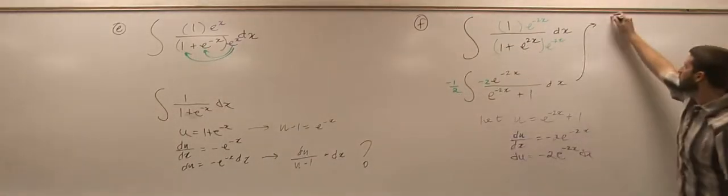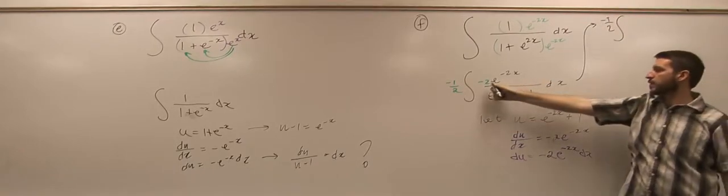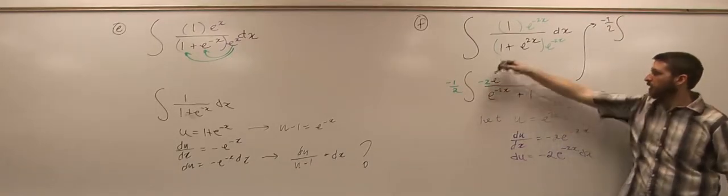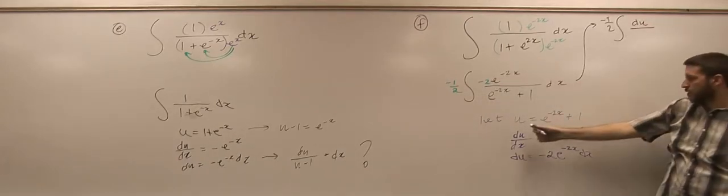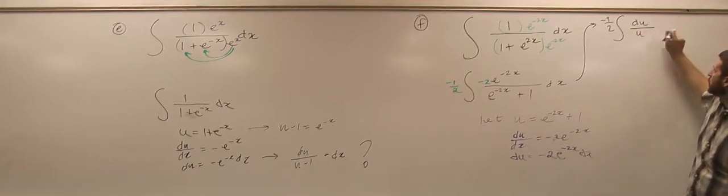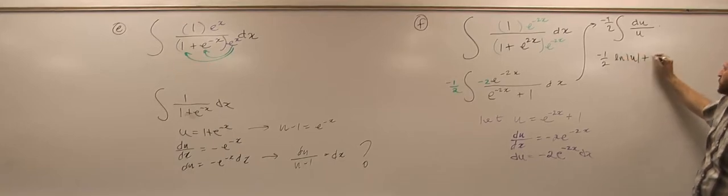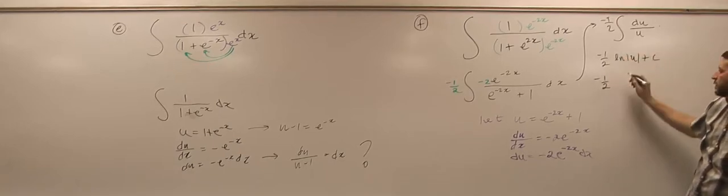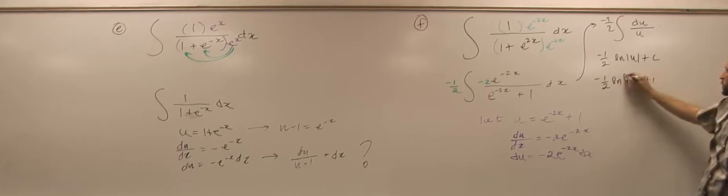So this becomes negative 1/2 times the integral of du over u, right? All of this on top is du. So this will be negative 1/2 ln absolute value u plus c, negative 1/2 ln of e to the negative 2x plus 1.